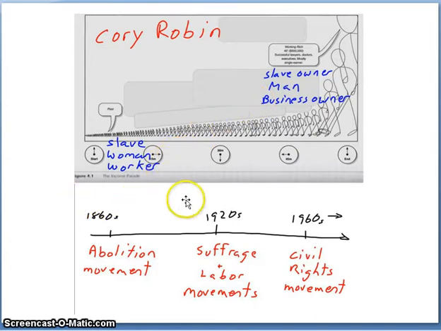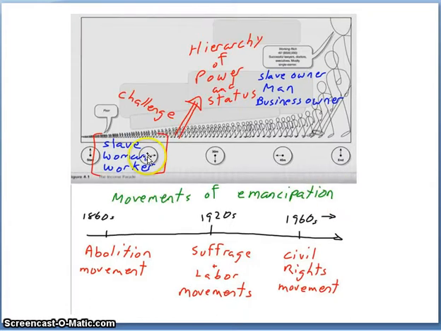So throughout history, we can see some of these movements as a challenge to the hierarchy of power and status. The abolition movement challenges the power of the slave owner. The women's suffrage movement challenges the privilege men had to vote when women didn't. The workers challenge the decisions by business and organize into labor unions.